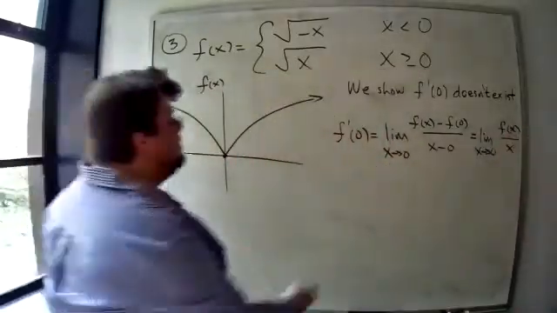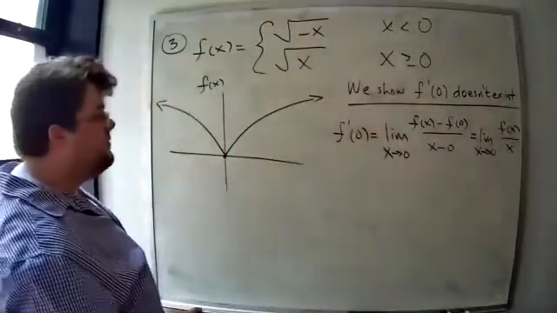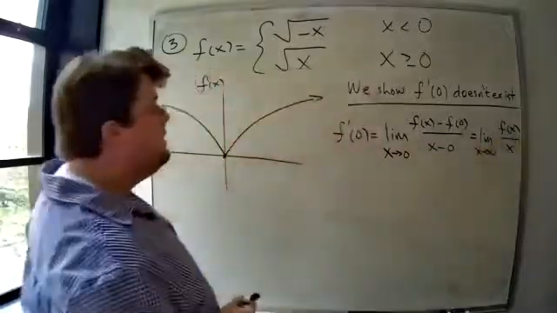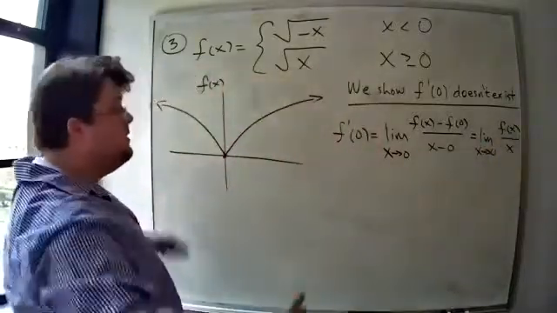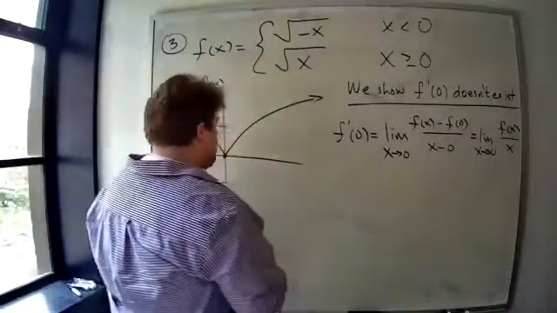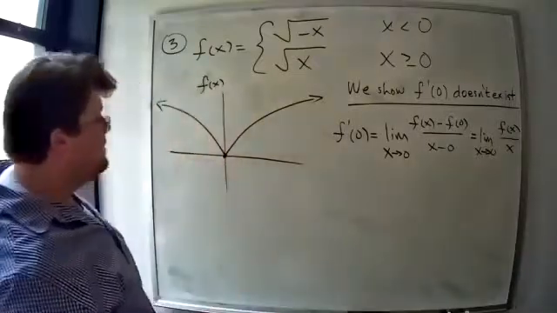So we're going to show this derivative doesn't exist. How do we show the derivative doesn't exist? Well, we're going to show that this limit doesn't exist. How do we show the limit doesn't exist? We look at both sides. I should have started this on this side.